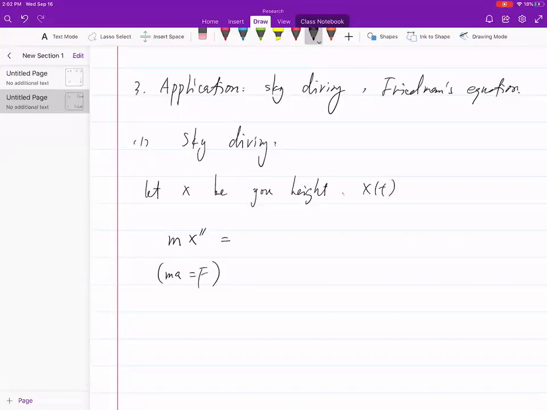You just need to do the f here. So what is the force when you're doing a skydiving? Gravity. Of course.